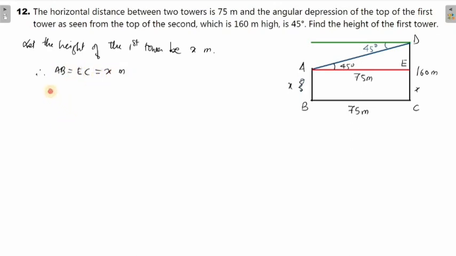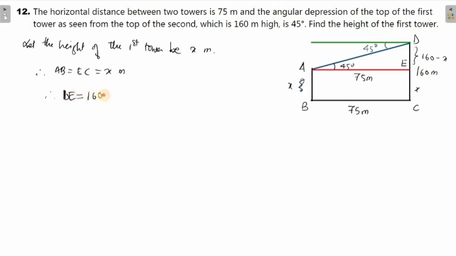Now if this is your x, then what about this much? This is going to be 160 minus x, isn't it? Because this entire thing is 160 and this is x. So remove this from 160, you get this much. Therefore you have DE.